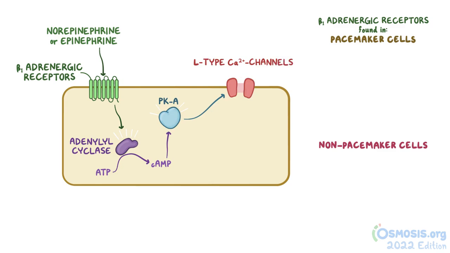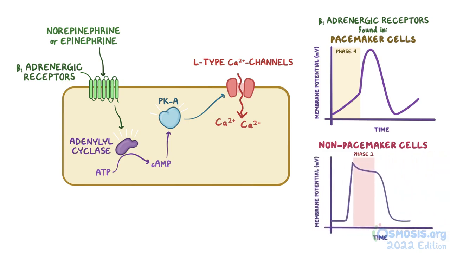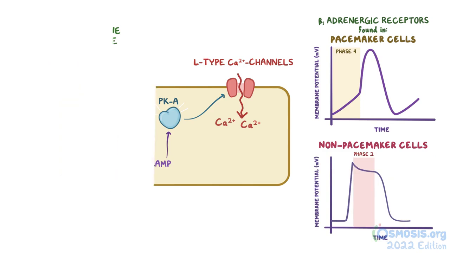Ultimately, this results in their opening and an increased influx of calcium ions. In pacemaker cells, this influx happens at the end of phase 4, while in non-pacemaker cardiac cells, it happens during phase 2. Alright, let's switch gears and move on to pharmacology.